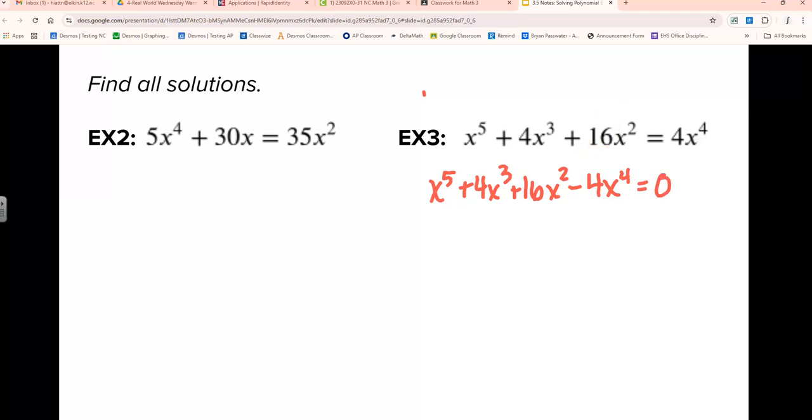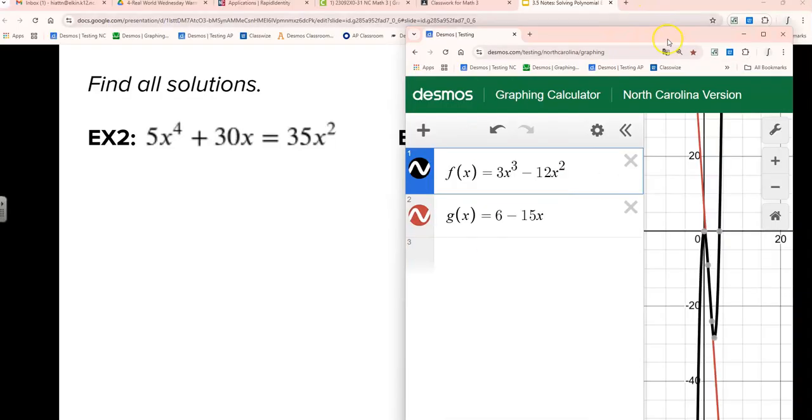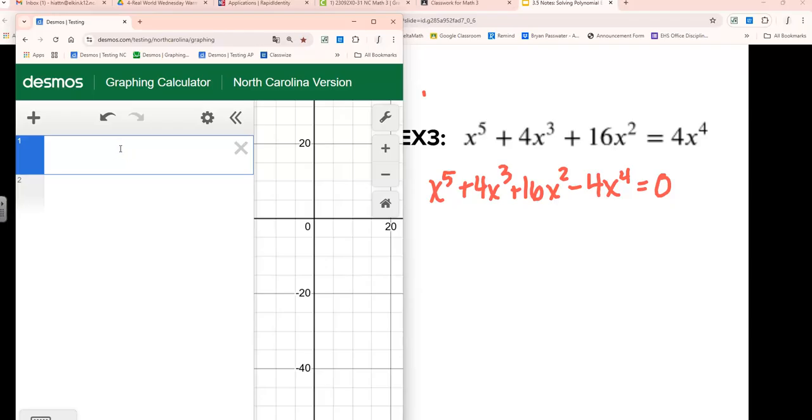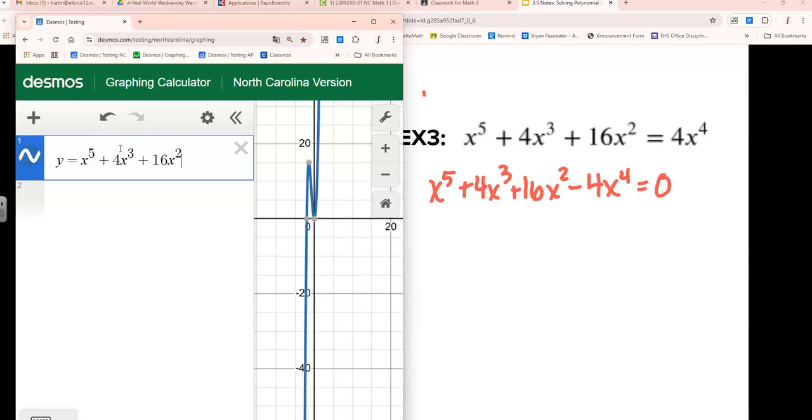And so if I want to do this in Desmos, I'm going to go over here and do y equals x to the 5th plus 4x to the 3rd plus 16x to the 2nd minus 4x to the 4th.